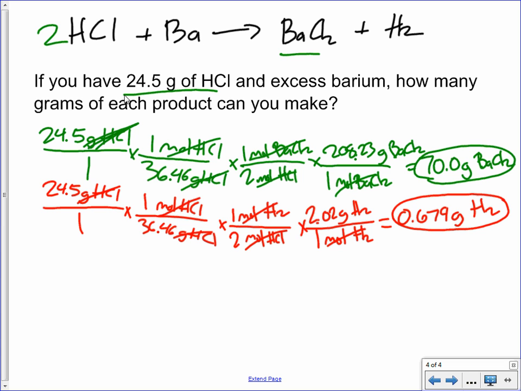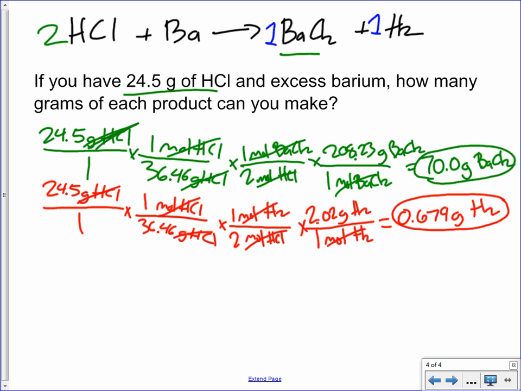Okay, now I want you to notice something about these answers. Okay, so looks like we made a lot more barium chloride than we did hydrogen. A huge amount more, which is interesting because if we look at our mole ratios, right, 1-to-1 ratio, so that's supposed to be the same amount of barium chloride and hydrogen, right?